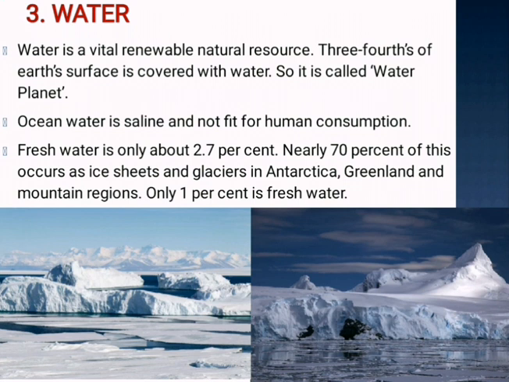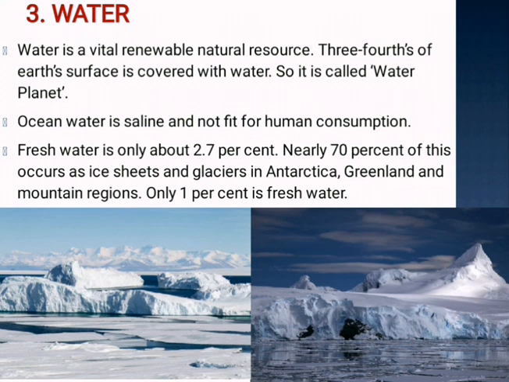We already discussed the Earth is called the water planet or blue planet. But availability of freshwater is so limited. Only 2.7% of the total water present on the Earth is considered as freshwater.